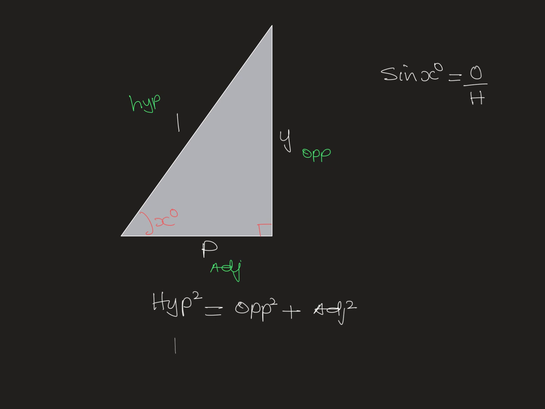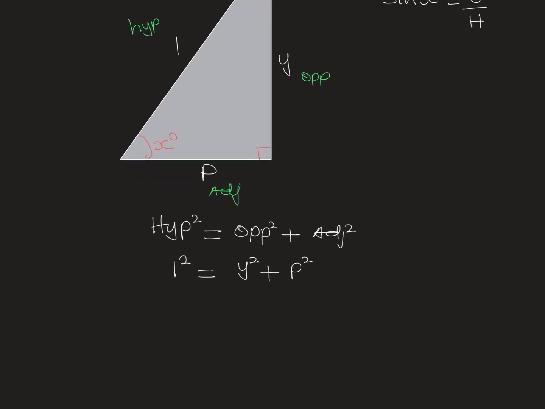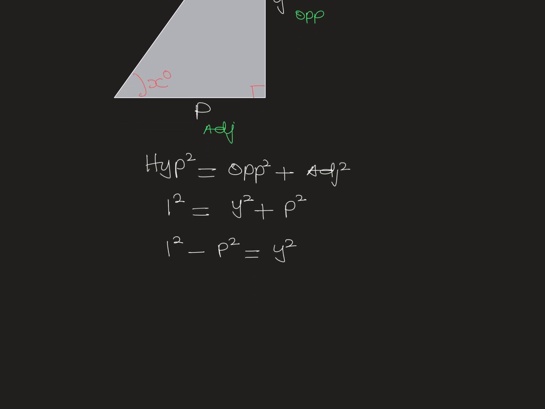So that is to say 1 square is equal to the opposite. We use letter y, so that will be y square, plus the adjacent is p, so that will be p square. We can say 1 square minus p square is equal to y square.